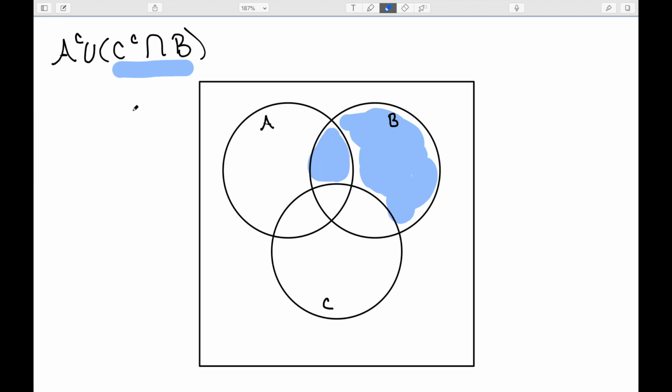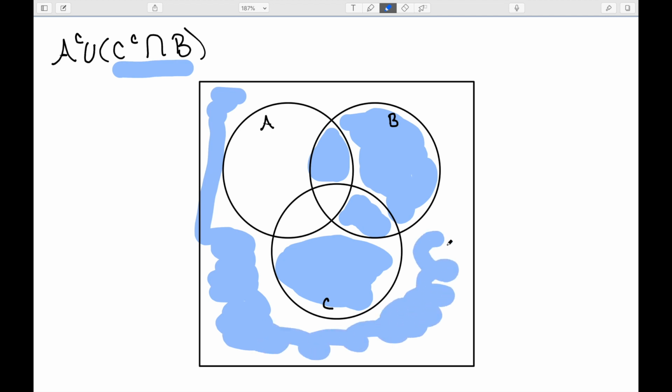I then want to union that with A complement. So in addition to that, I'm going to add in everything that's not A. So the piece that's shared between B and C, the piece that's just C, and the outside box. All of these are going to be in A complement. And once I have that, I have A complement union C complement, intersect B.